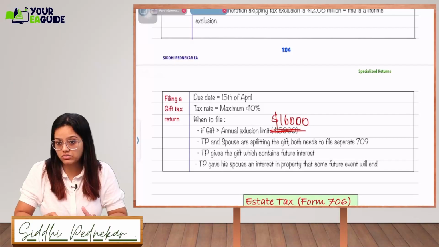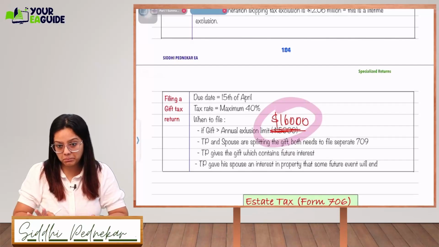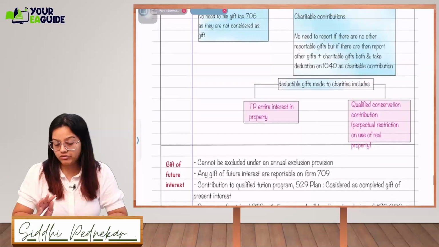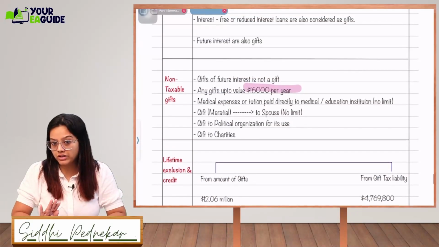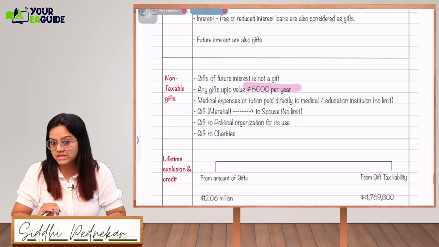Don't take a screenshot and send me that the book is not updated. For the two or three people who sent me screenshots, you should apply your mind, and if you have done regular studies, you should know that if it is 16,000 here, it should also be 16,000 there.